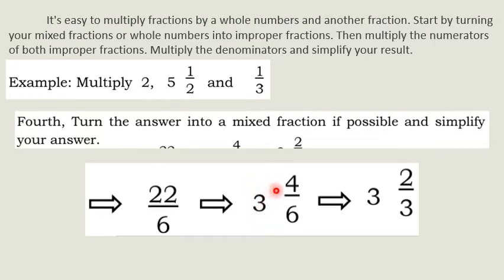So, magiging 3 and 4/6. And yung 4/6, meron pa siyang lowest term, pwede pa siya natin i-simplify. Divisible pareho to sa 2. 4 divided by 2 is 2. 6 divided by 2 is 3. Kukopyahin nyo lang yung whole number. So, kaya magiging answer dito is 3 and 2/3.